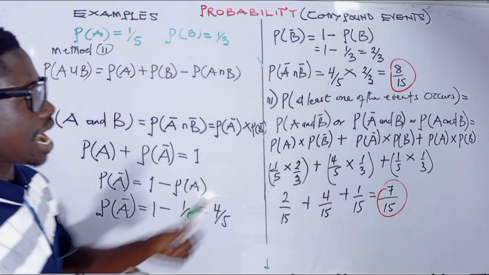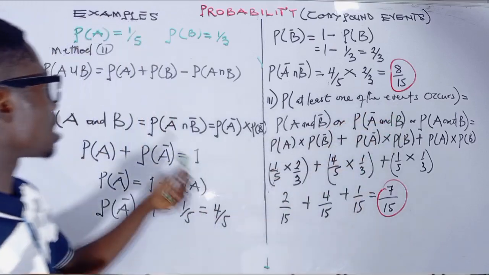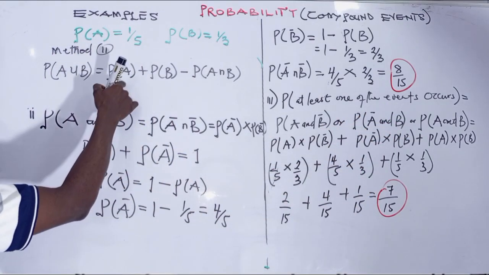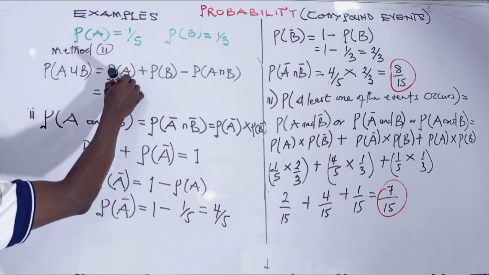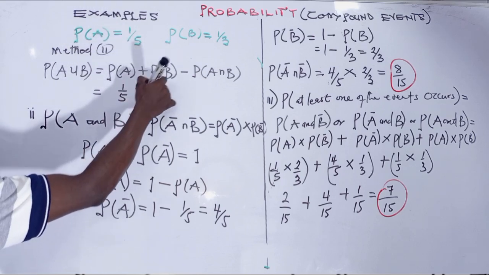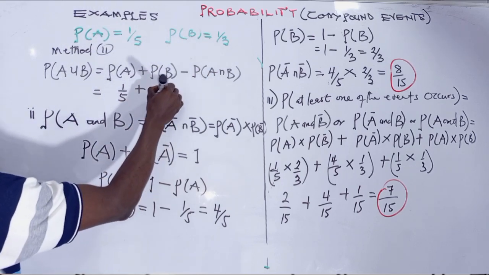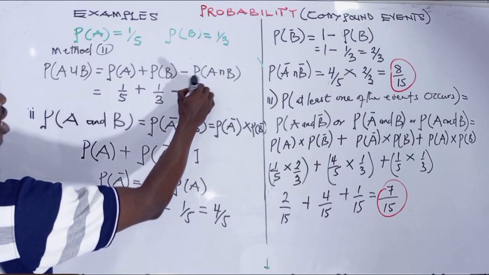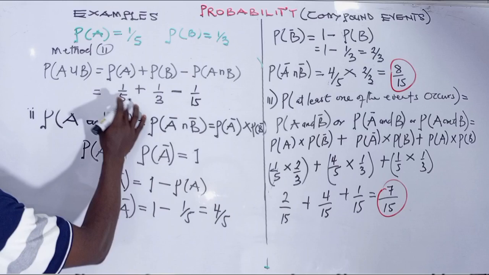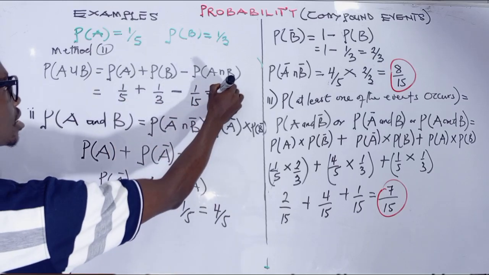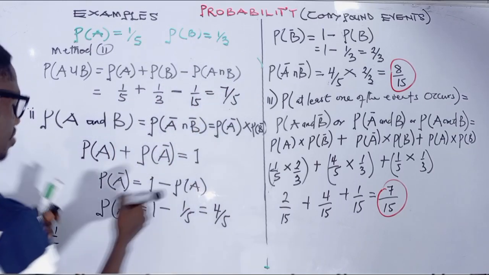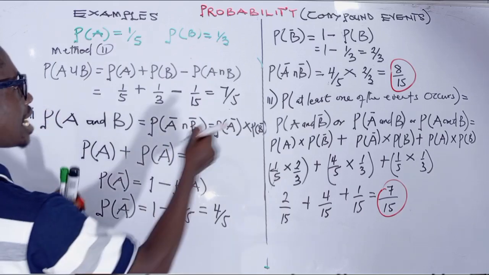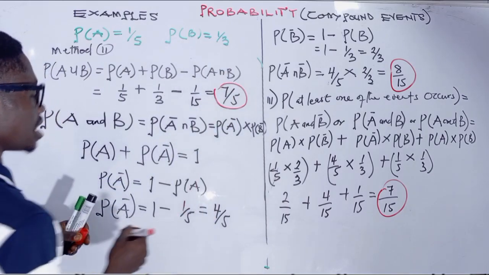That is, at least one of the events occurs. We can use the addition law to find that. So the probability that A occurs is 1 over 5, plus the probability that B occurs is 1 over 3. And then with this, we had 1 over 15. So this is going to give us 7 over 15. So we can also use the addition law to help us find the probability that at least one of the events occurs.